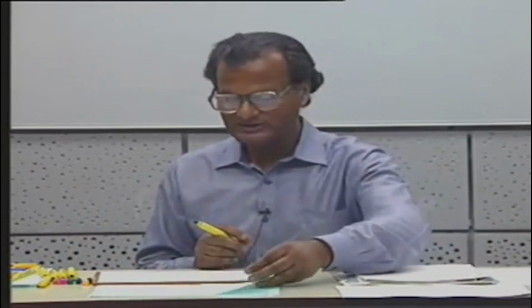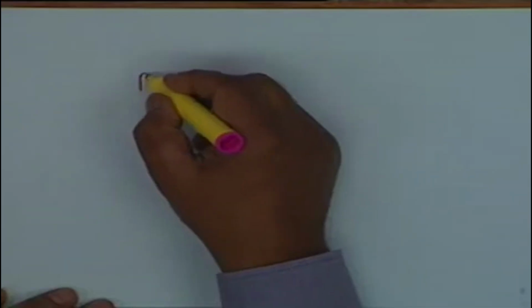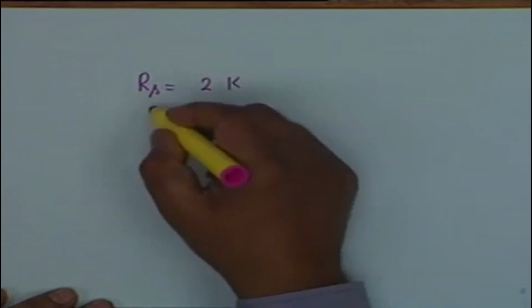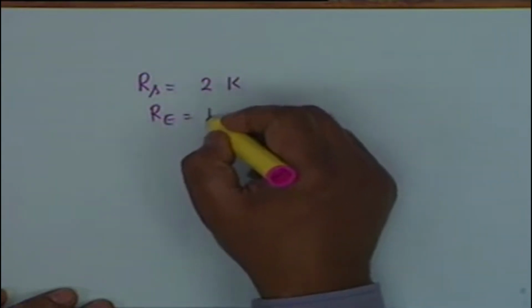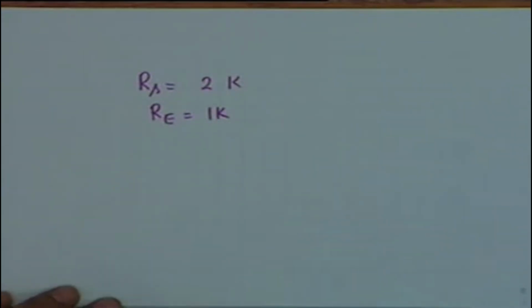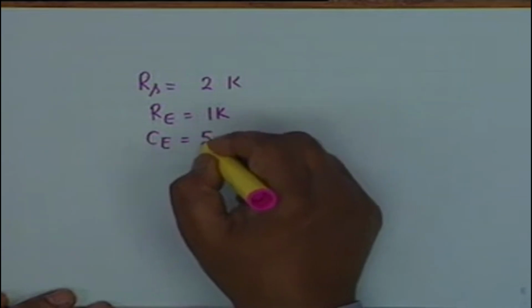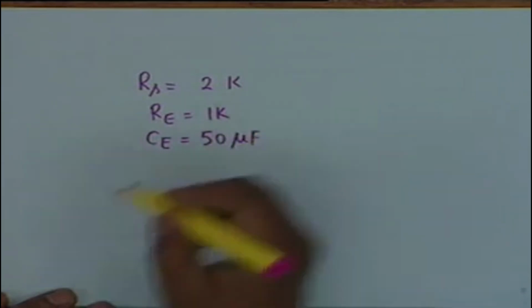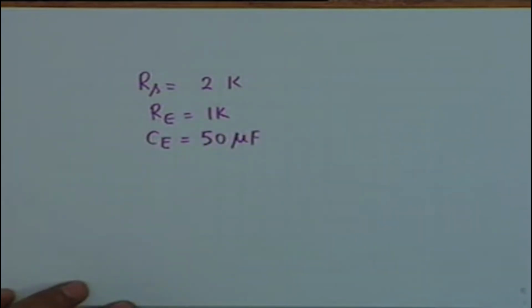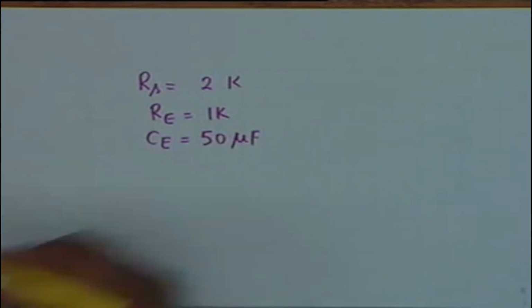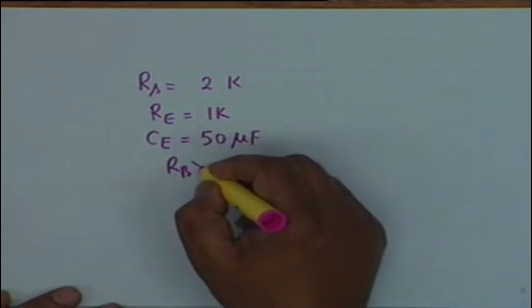Suppose we have a transistor amplifier in which Rs is 2K, let Re be 1K, alright, these are very practical values. Ce has been chosen arbitrarily as 50 microfarad, alright. R1 and R2 are very large, that is Rb is much larger than R pi.